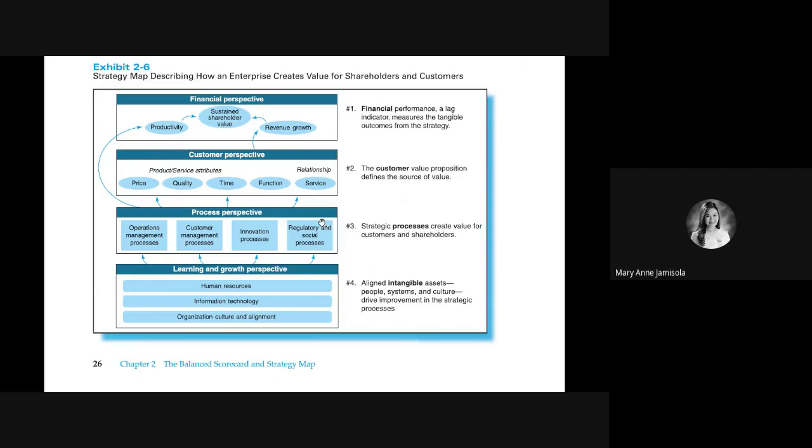And then regulatory and social processes, this is with respect to your compliance with the policies set out by the government and the community in general. So, in order for us to continuously operate in that place, we need to comply with the government regulations.